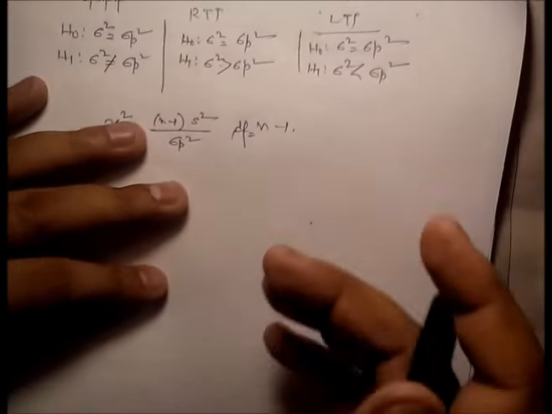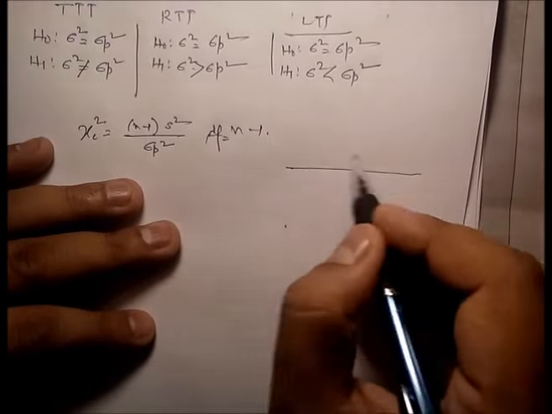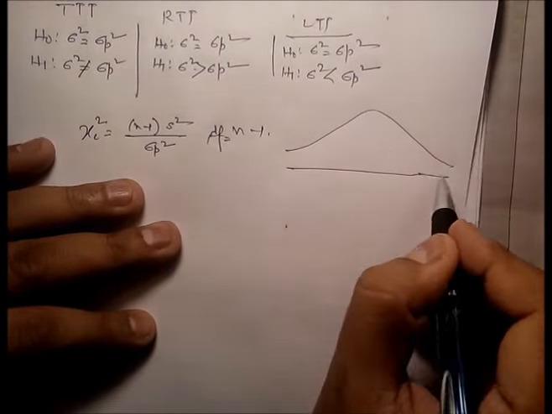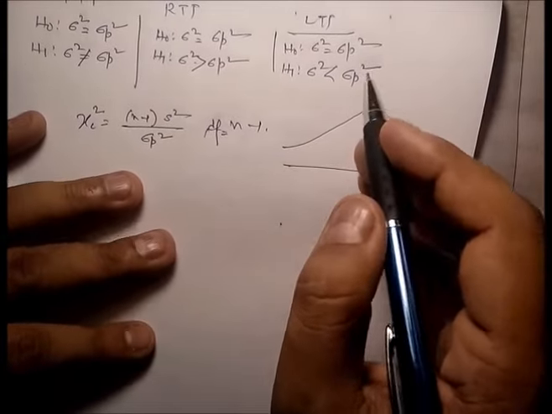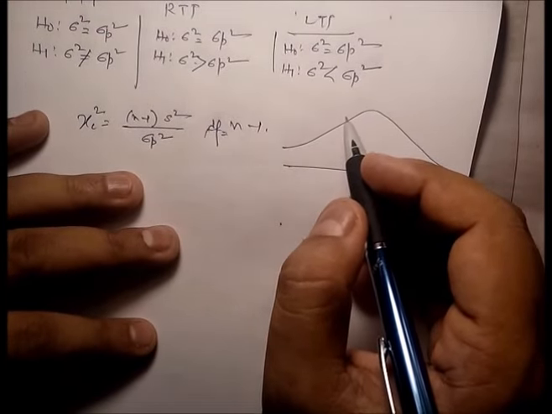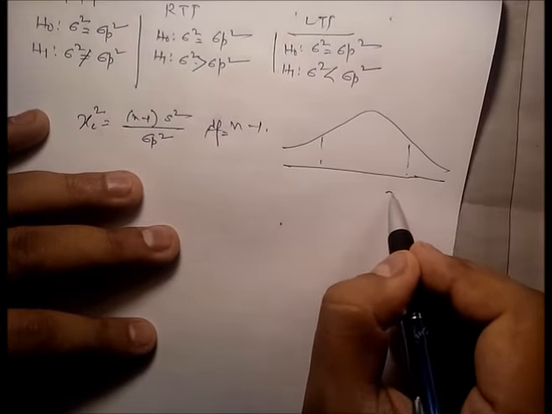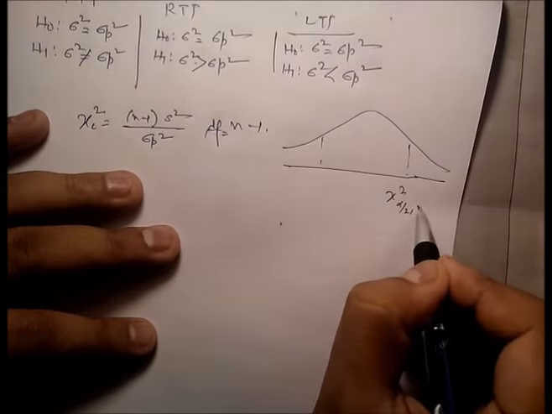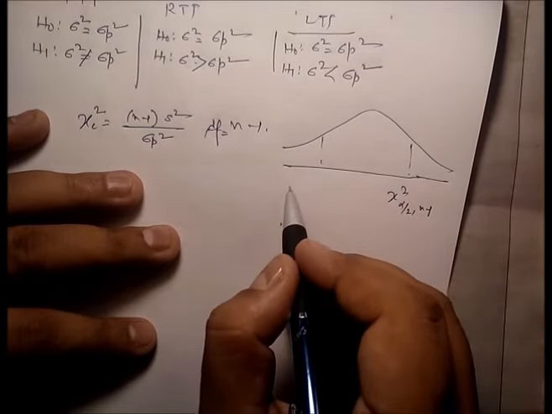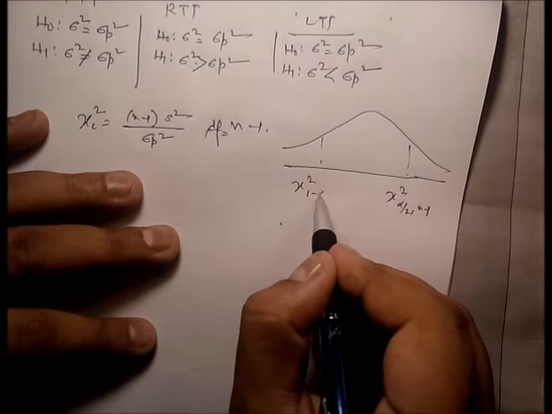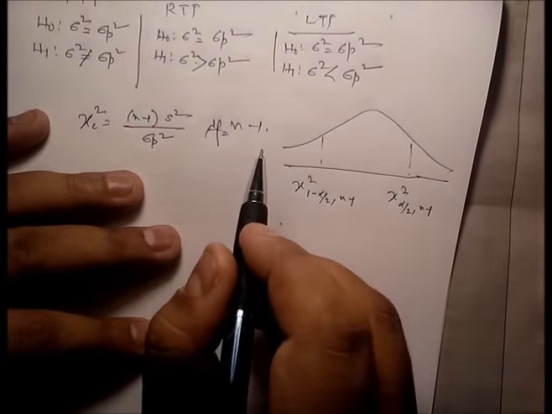Okay, so if it is a two-tailed test, then it is chi-square alpha by 2, n minus 1, and here chi-square 1 minus alpha by 2, n minus 1.